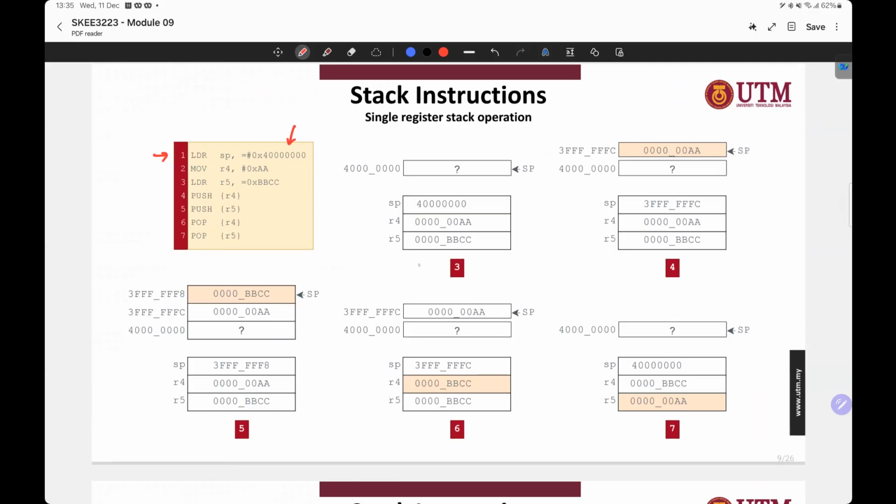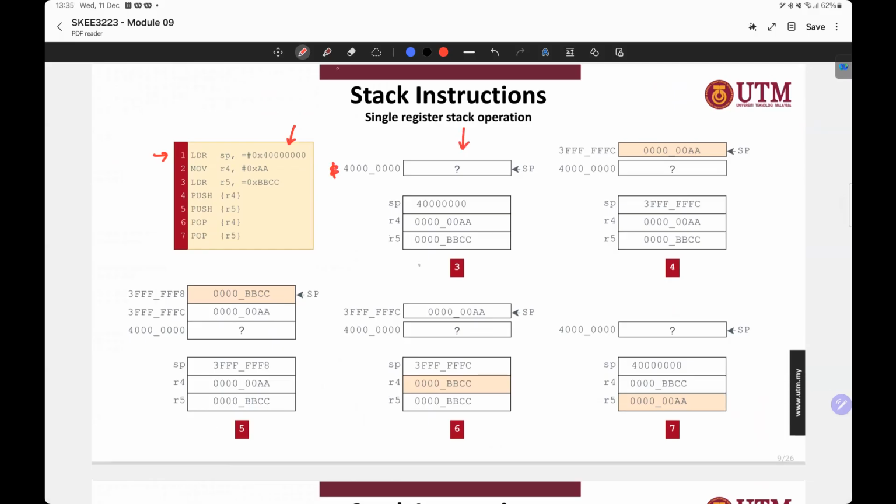So here you can see in this figure, now your stack pointer points to address 400000.